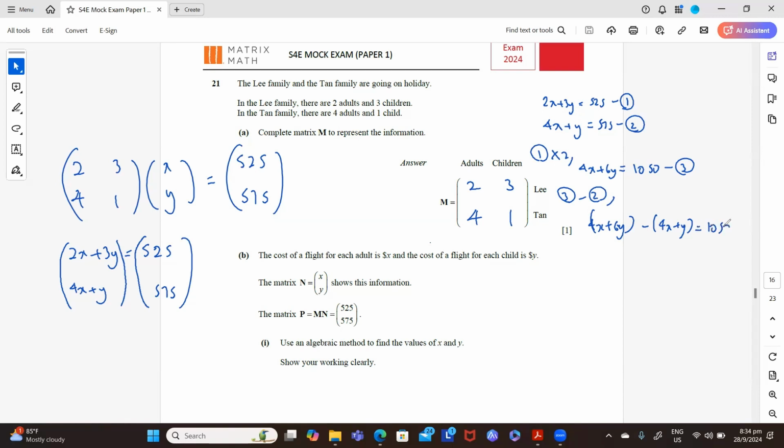It's 1050 minus 575. So 5y equals 475. So y equals 95. Sub y equals 95 into equation 2.